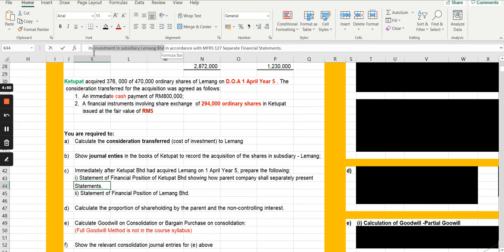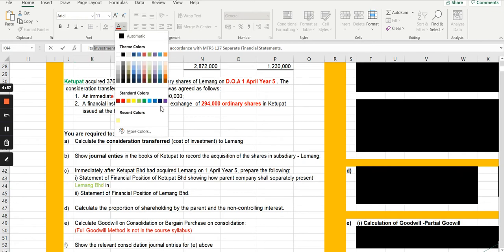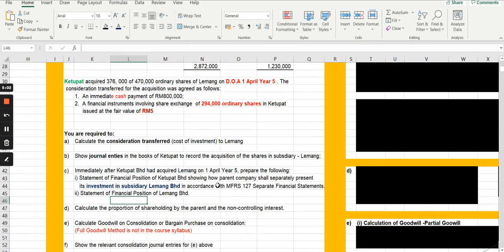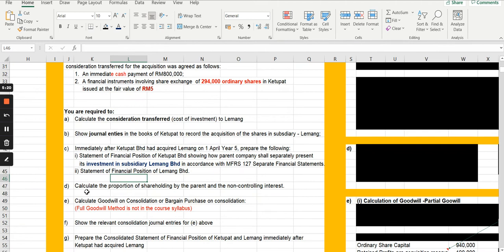The subsidiary here is Lemang, right? In accordance with MFRS 127, no consolidation took place yet. This is just a separate financial statement of the investor or the acquirer. And then the statement of financial position of Lemang, which is a subsidiary, where you will notice that nothing changed because the transaction is everything that relates to the acquirer.